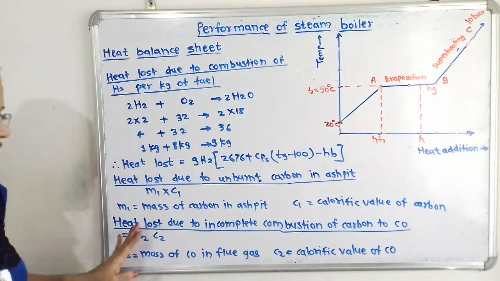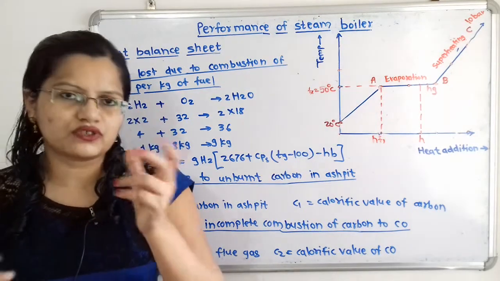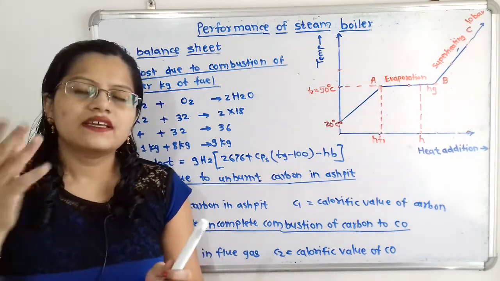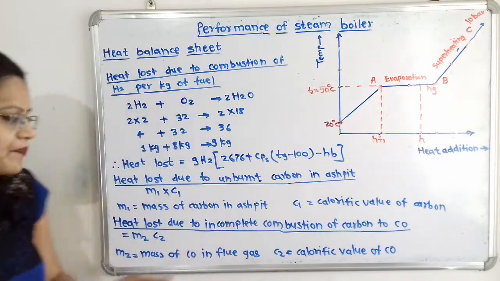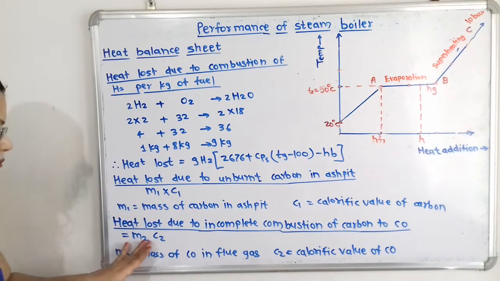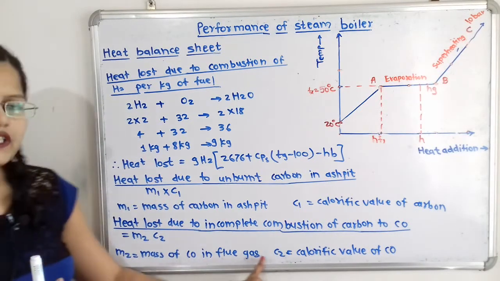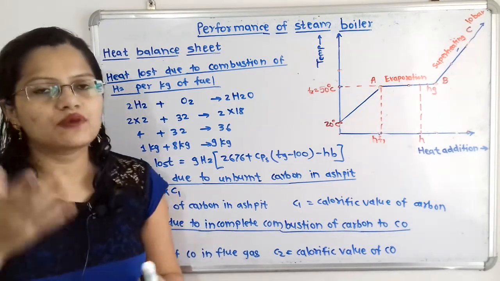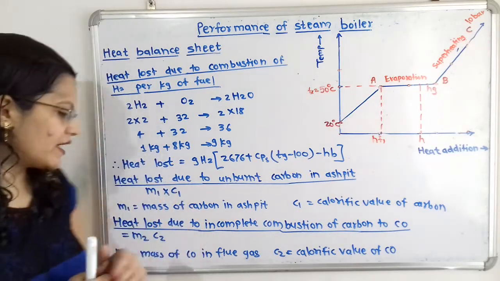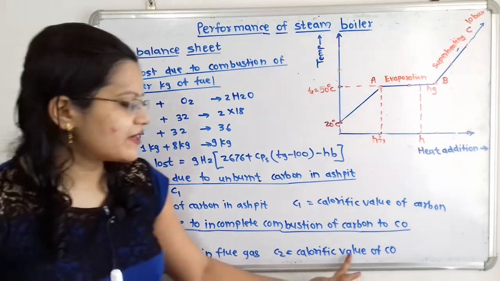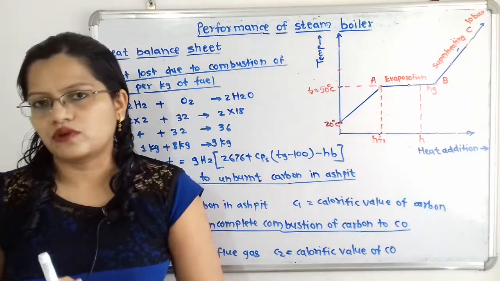Whenever there is formation of carbon monoxide, we will find that carbon monoxide in the flue gases. Then we will find out M2 into C2. So M2 means mass of carbon monoxide in the flue gas. We have to measure the mass of carbon monoxide present in flue gas, and C2 is the calorific value of carbon monoxide.